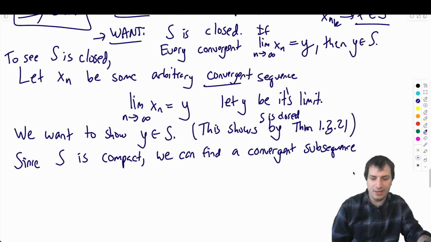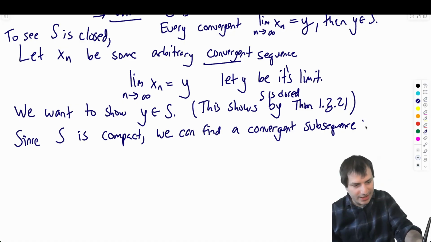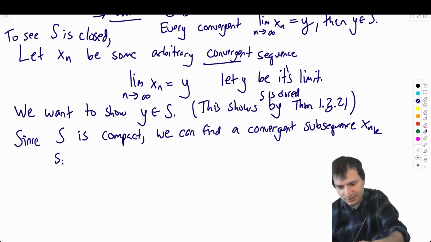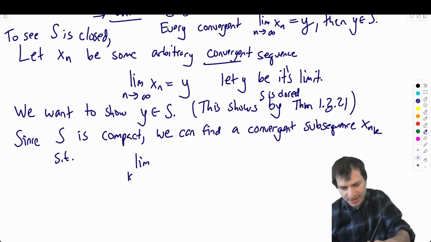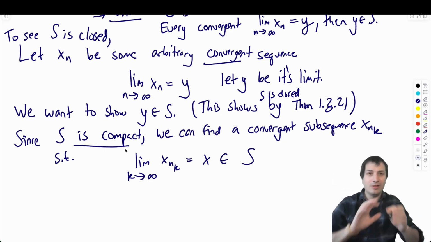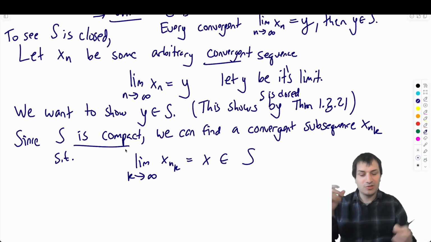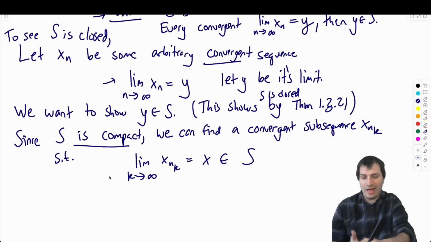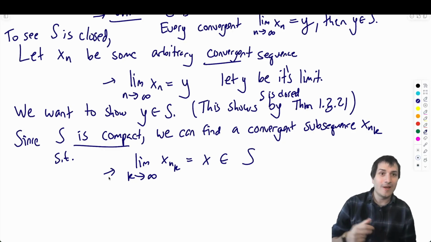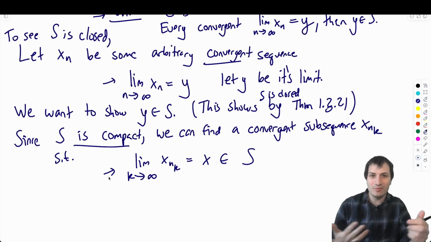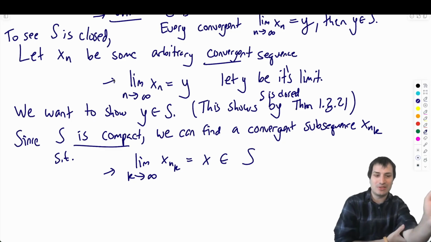Let's call it xnk, such that the limit as k goes to infinity of xnk equals x, which is in S. So this is all because of the definition of compact. All right. So we have this convergent sequence. We have a subsequence that's converging. Of course, the subsequence has to also converge to the thing that the original sequence does.